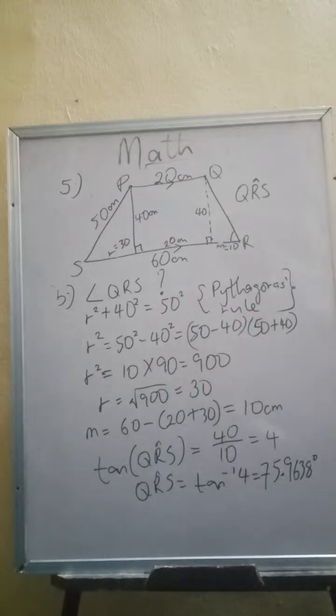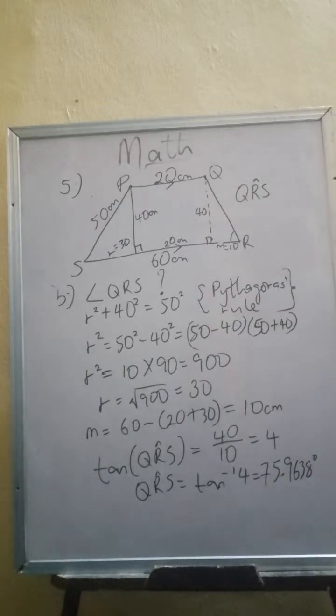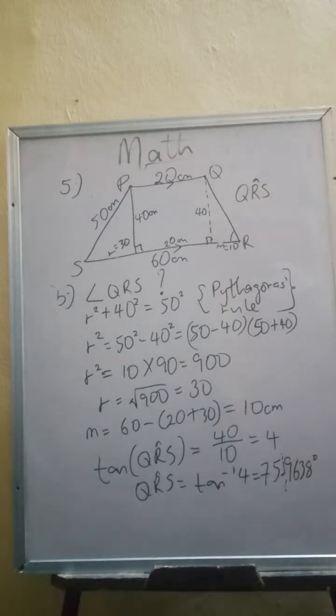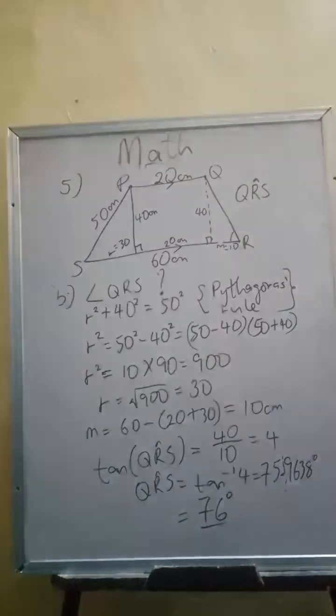In 2 significant figures, you would start from the first non-zero digit. 7 happens to be the first, and 5. And so if you take your demarcation from behind 5, that's the second significant digit. 9 contributes 1. That gives you 76 degrees. So number 5 has been completed.